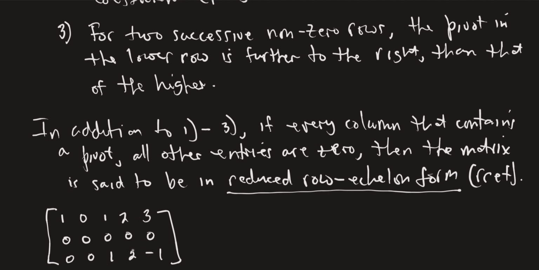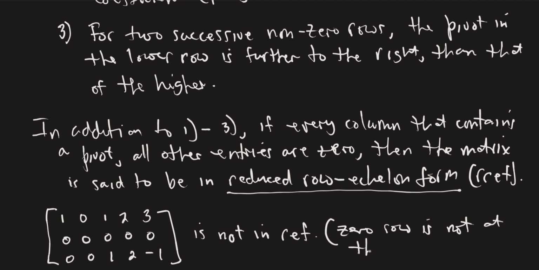So let's say this is an augmented matrix, so I'm not going to draw the line there, but these are the coefficients. This one fails the first requirement because we have a row of zeros, but it's not at the bottom. So this one is not in REF, because the 0 row is not at the bottom of the matrix.